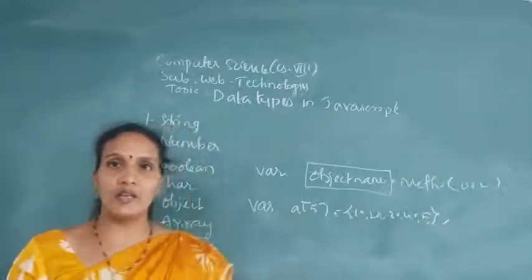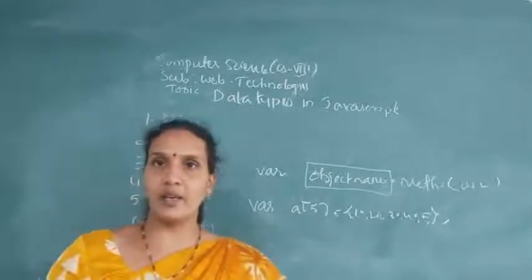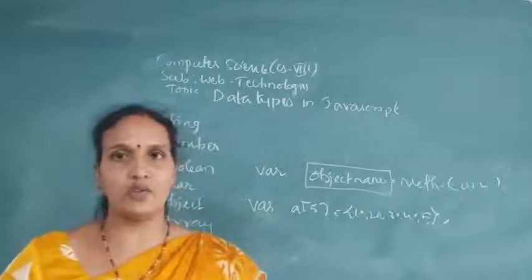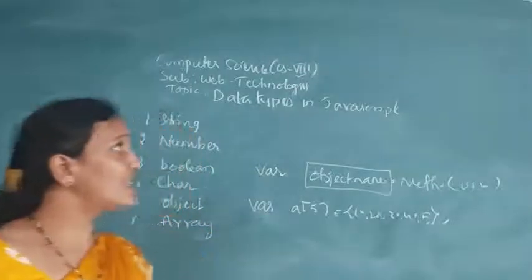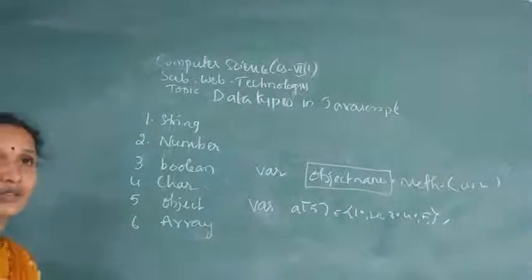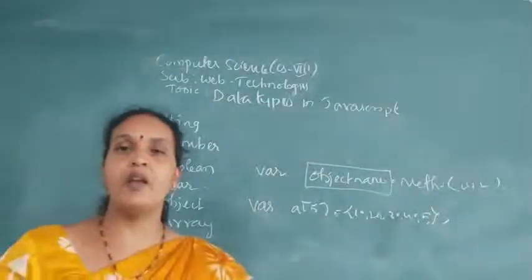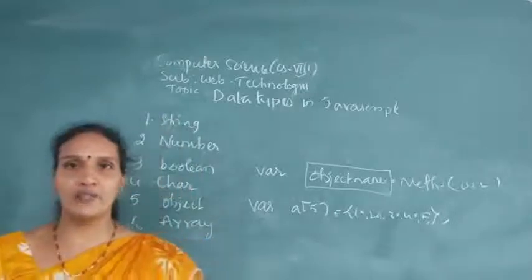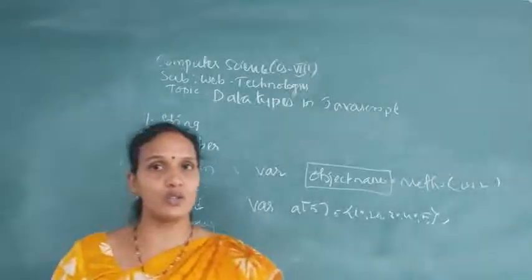Actually in JavaScript there is no predefined data type. You can store different data type values also in the array. It is also possible. So these are the data types. Sometimes you will get this type of question in the exam: explain data types of JavaScript. There is no particular data type for JavaScript. It depends on the value you are storing in a variable.